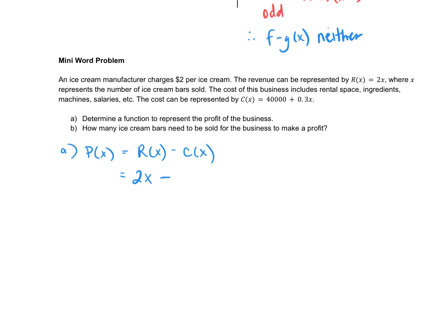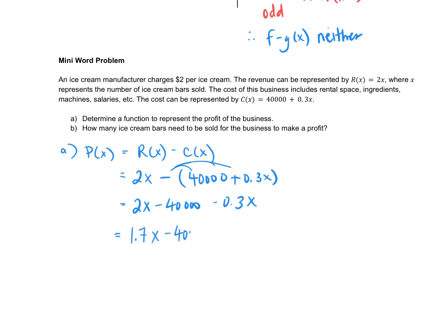So 2x subtract, and because c of x is a binomial, I'm going to make sure to put brackets because this negative has to be distributed in. So just watch your signs. And then we can clean this up, collect our like terms, and here is my profit equation.